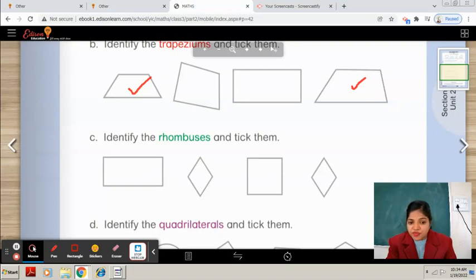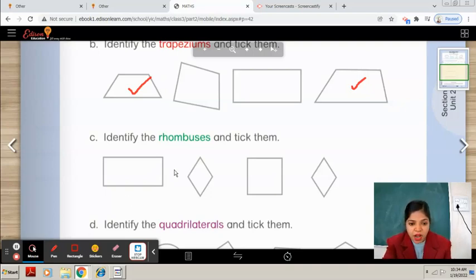But what is the difference between square and rhombus? Tell me. Yes. Very good. Square has 4 angles, and all the angles are equal. Yes, but in rhombus only opposite angles are equal.